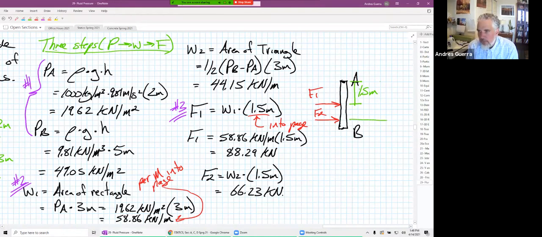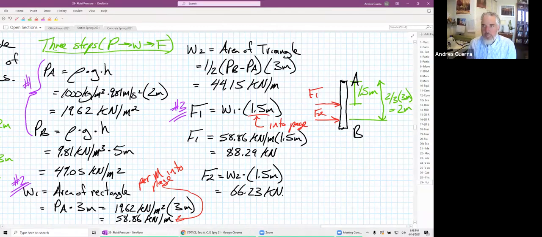We know that F2 is down here at 2/3 of our 3 meters, or at 2 meters right there. So now that we have our F1 and our F2, we can do all the other things that we've done for statics. We can take moments, we can sum forces, whatever we're looking for in our particular problem.